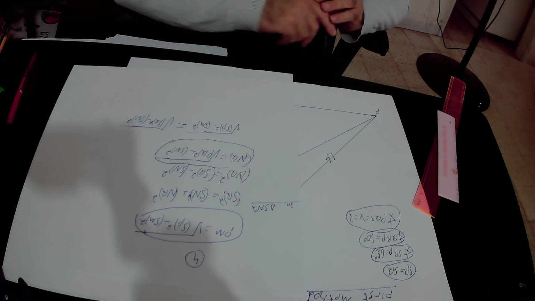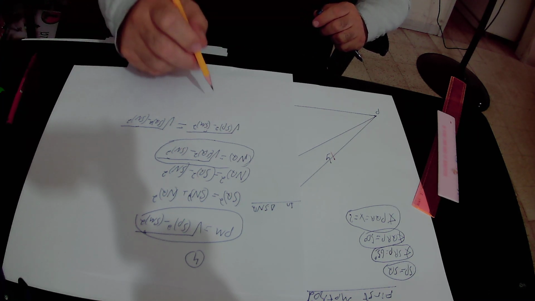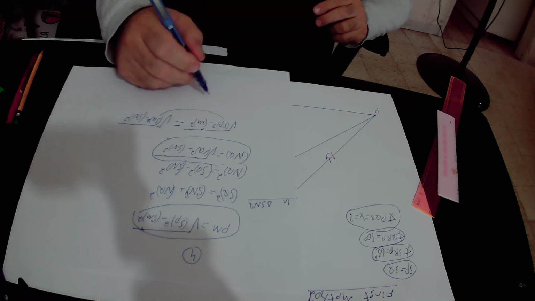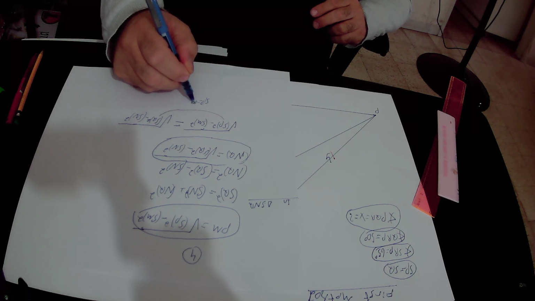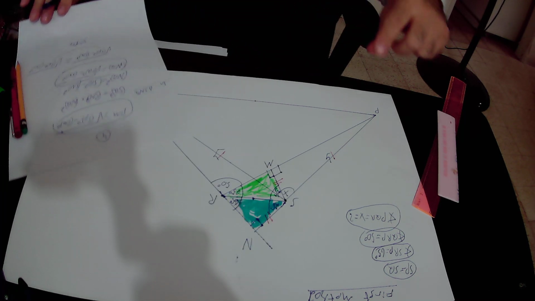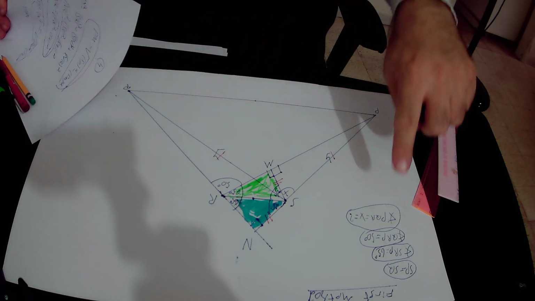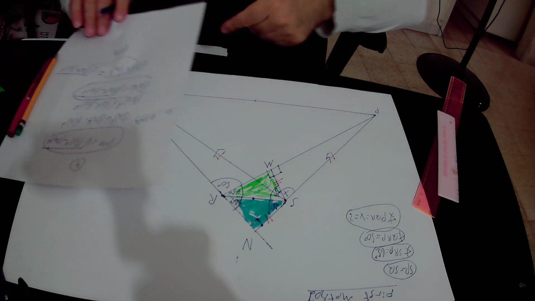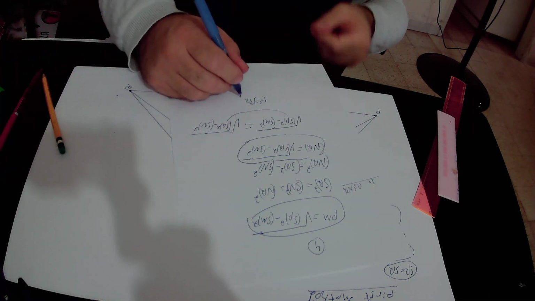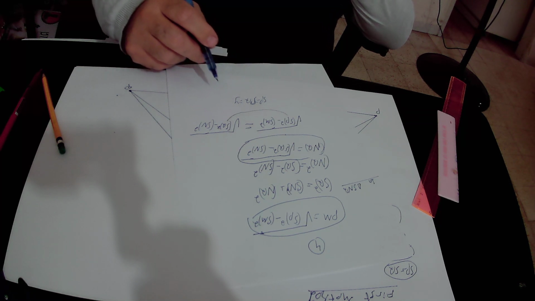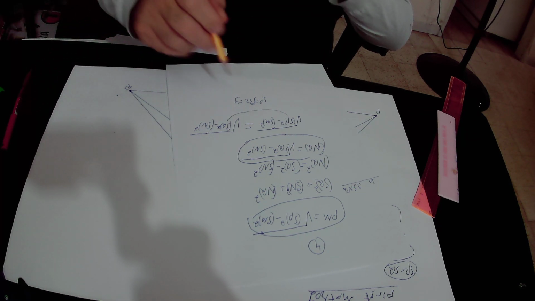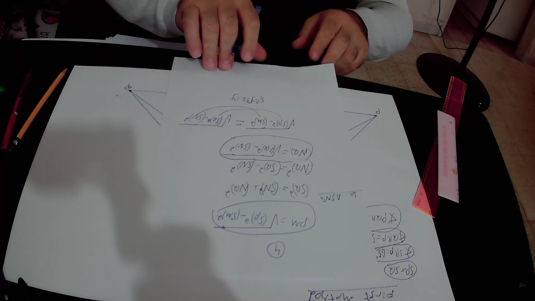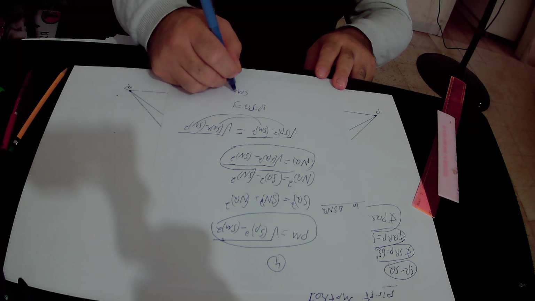Why? Because SP is equal to SQ. You can see from the drawing, SP is equal to SQ. It is given in the question that SP equals SQ, and they are both equal to y. And SM is also equal to SN.